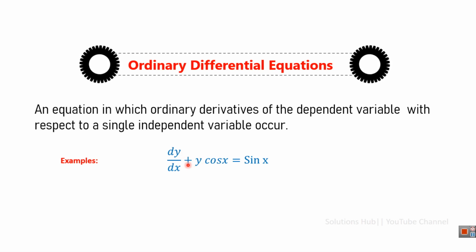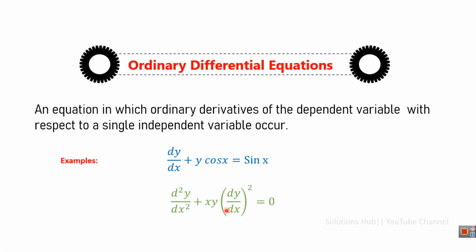So the type of equation in which the derivative of a dependent variable with respect to a single independent variable occurs is called an ordinary differential equation. If there is more than a single independent variable and their derivatives are involved in an equation, then it belongs to some other type of differential equation. For ordinary, there must be a derivative with respect to a single independent variable, not more than that. So here is another example of an ordinary differential equation.